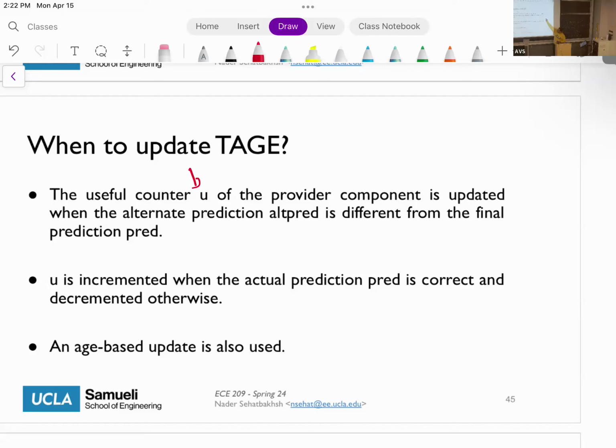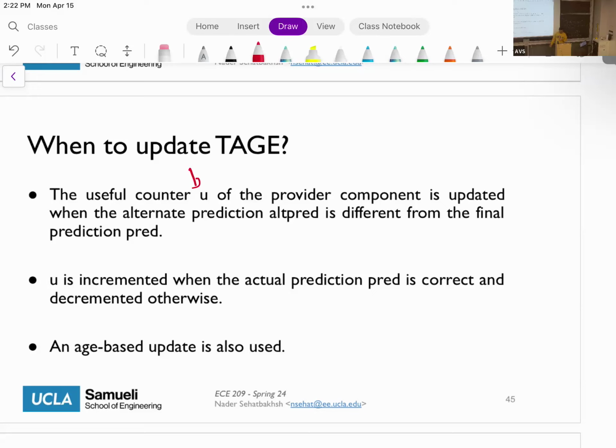We also update the alt pred if there is a difference between the outcome of the provider and the alt pred. U will be incremented if the actual outcome was correct, and decremented if the outcome was not correct. Another option is that you just increment but not decrement.